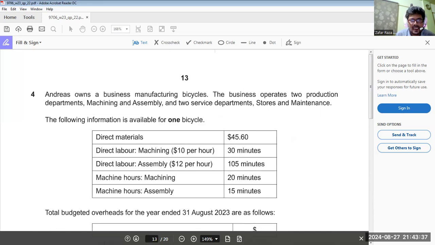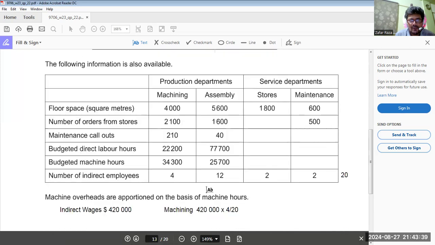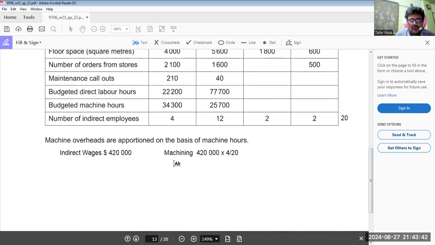Now come to assembly. For assembly, we'll calculate how. In assembly, again, the cost is 420,000 multiplied by 12 employees. There are 12 employees. So multiply by 12 divided by 20. 12 upon 20.